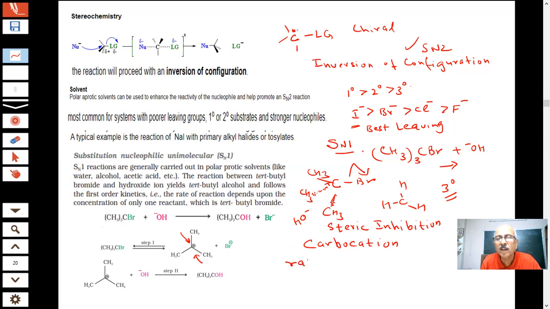The rate is proportional to (CH3)3CBr. That's all. It doesn't depend on the nucleophile. So what will be the order here? Only one. So this is called SN1, or substitution nucleophilic unimolecular. Any problem here?